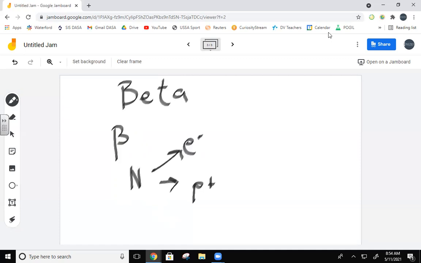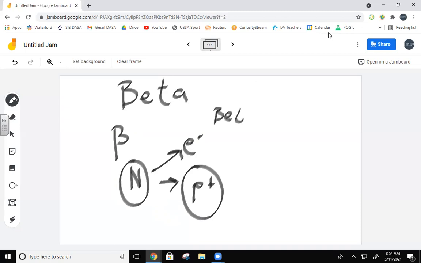Pew! Okay? So the neutron becomes a proton, and an electron is shot out. That electron is called a beta particle.